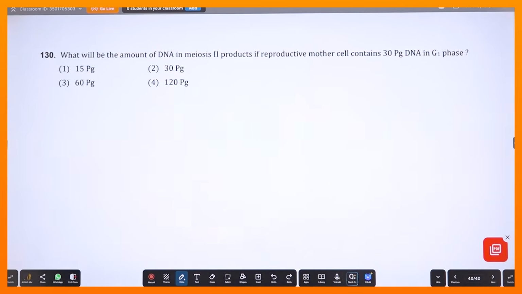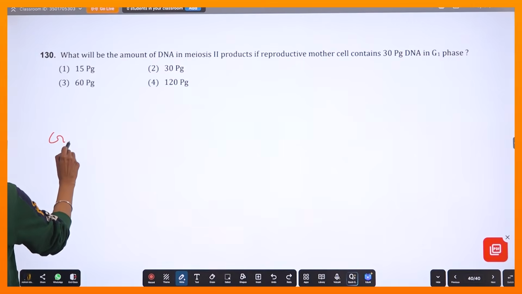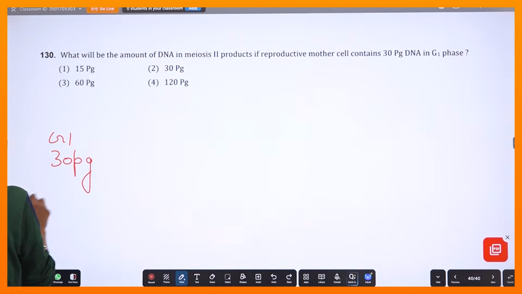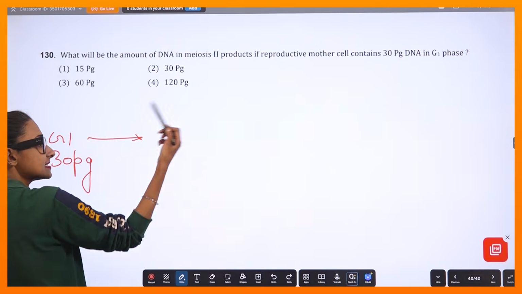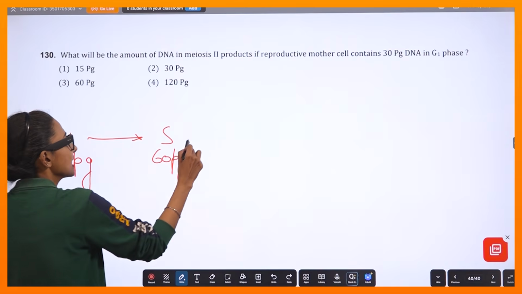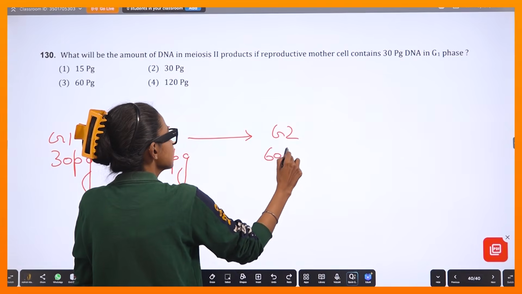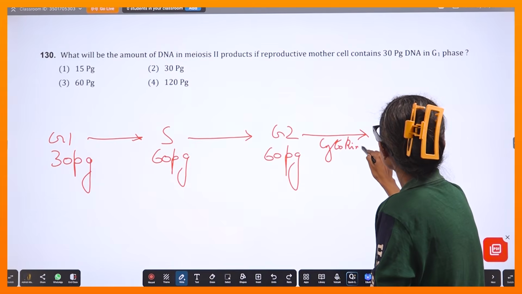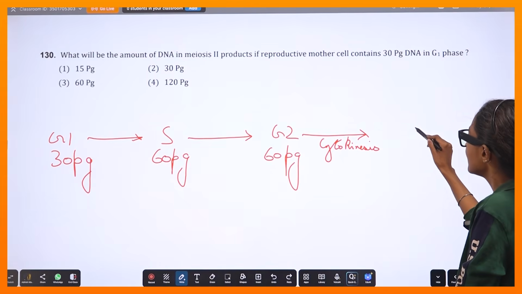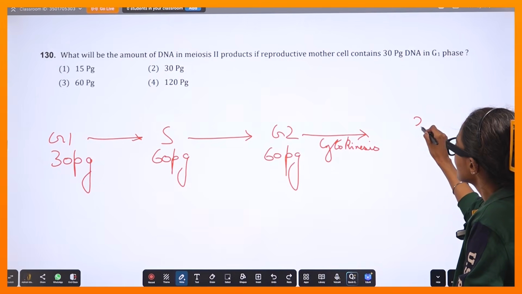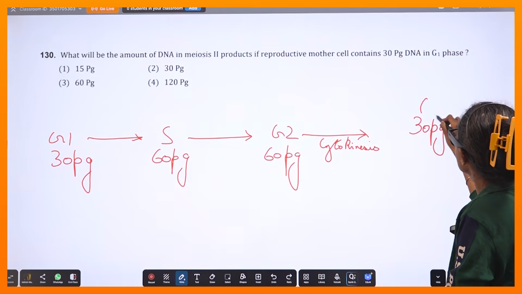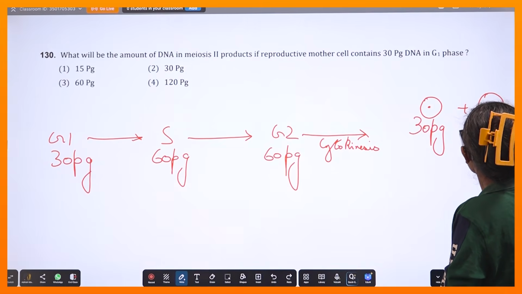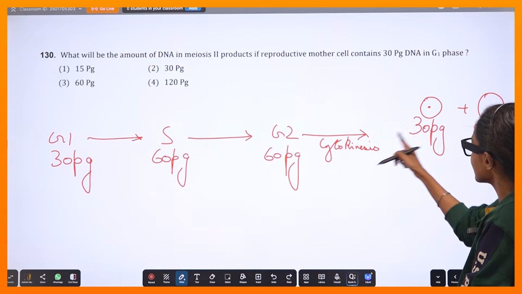What will be the amount of DNA in meiosis 2 if the reproductive mother cell contains 30 picograms of DNA in G1? So 30 picograms in G1. In S, DNA replication, 60 picograms. In G2, it will remain the same. Then, after cytokinesis, you will have 30 picograms of DNA in each cell.